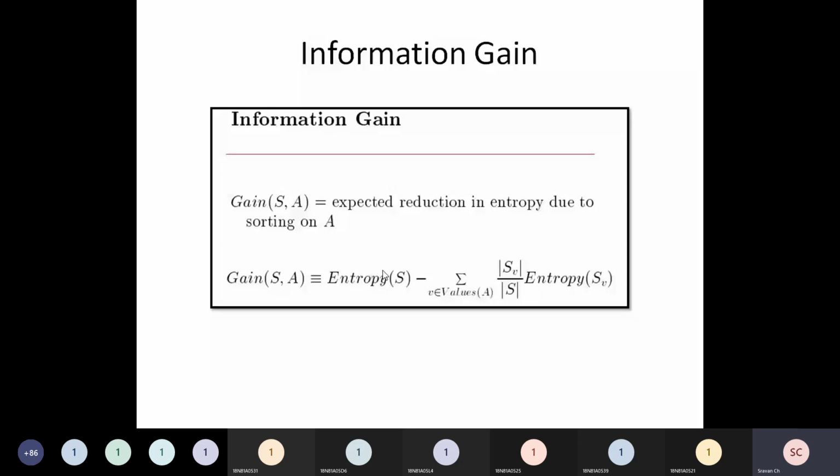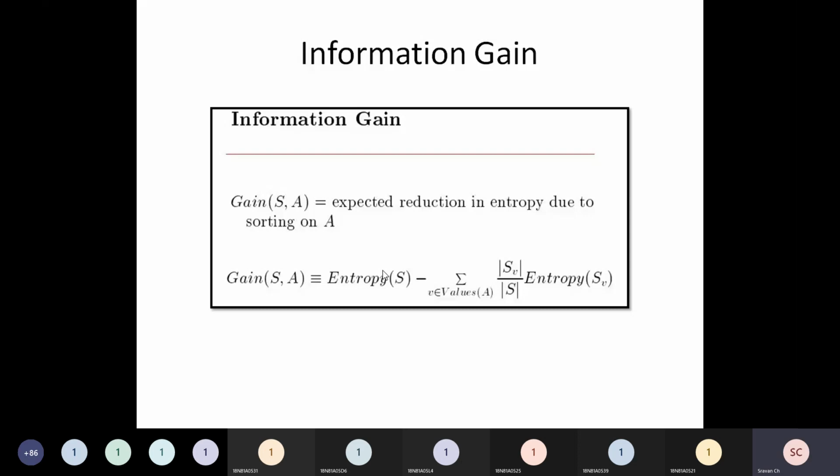Playing tennis is my output variable, the dependent variable, and outlook, temperature, humidity, wind are independent variables. So playing tennis depends on 4 parameters. For every parameter, for every attribute, I need to calculate information gain.